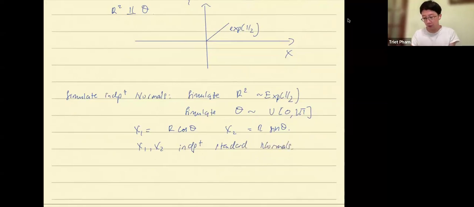And that actually is a very well-known algorithm to simulate normals in the computer. All right, any question?